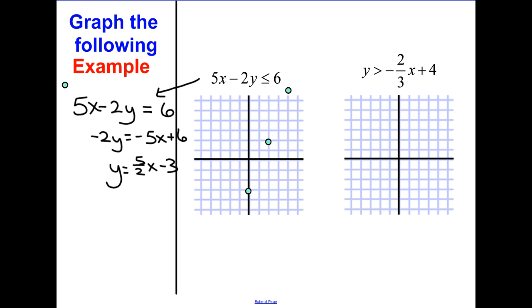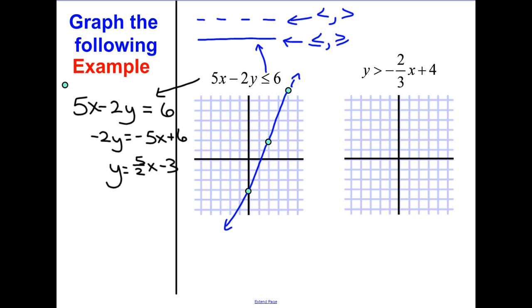We're going to have a dashed line or a solid line. The dashed line is when we use less than or greater than. The solid line is when we use less than or equal to or greater than or equal to. So if we look at this, we should be using a solid line for this graph because it is or equal to. So all we need to do now is connect our dots through there.